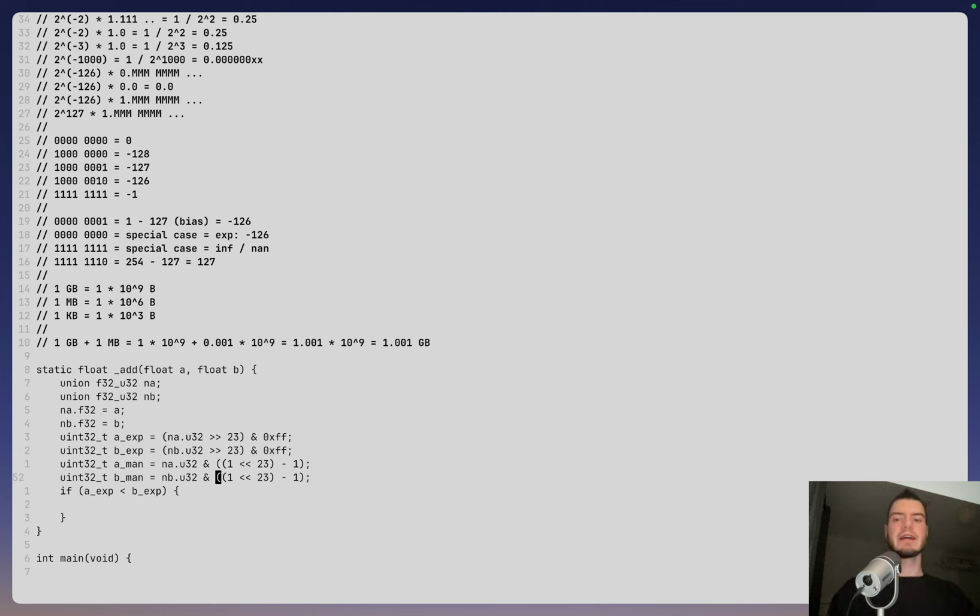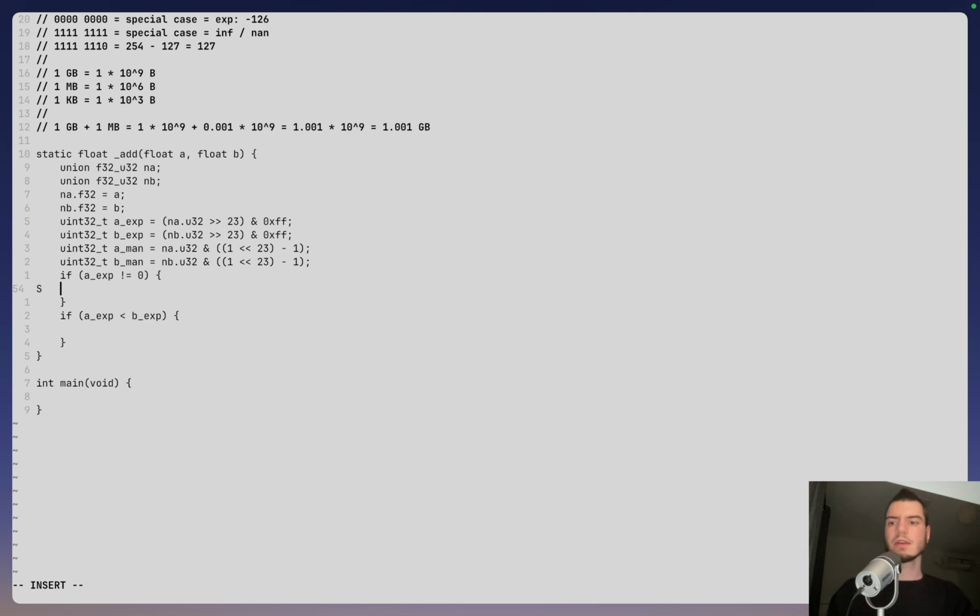And we shouldn't forget about our leading 1. So there was one special case where the exponent is 0. But otherwise, we need to add the implicit 1. Actually, scroll down.